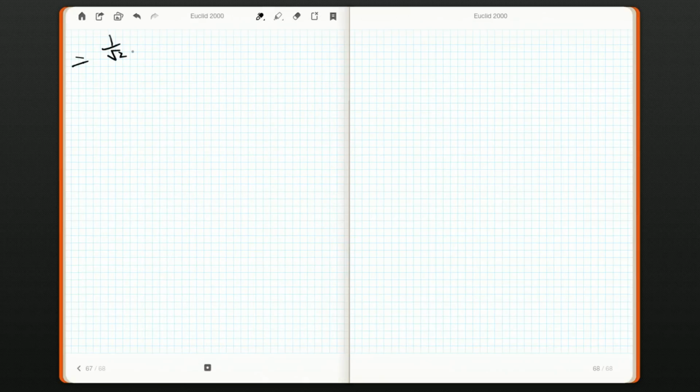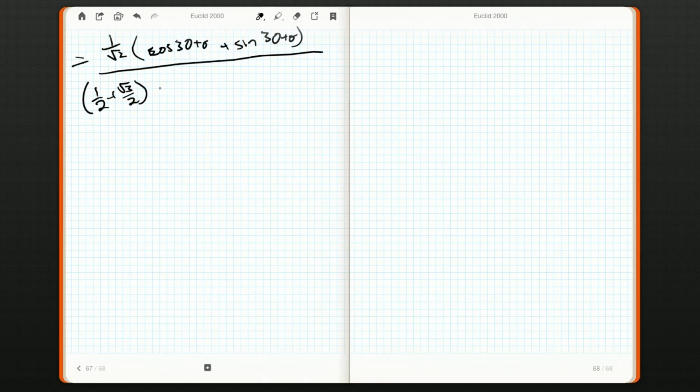That's 1 over root 2 cos 30 plus sigma plus sine 30 plus sigma, all over 1/2 plus root 3 over 2 cos 30 plus sigma plus sine 30 plus sigma.